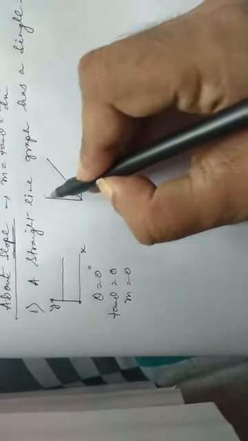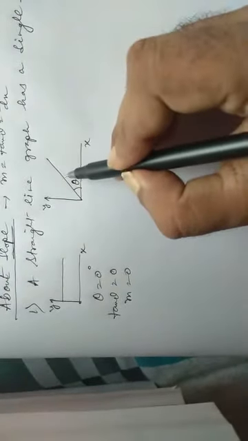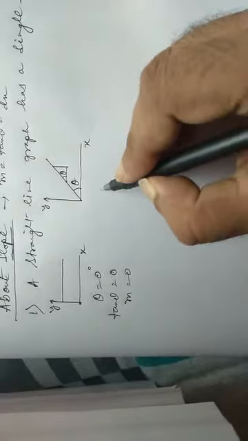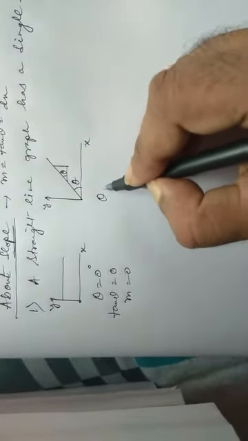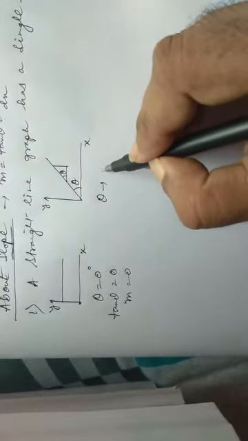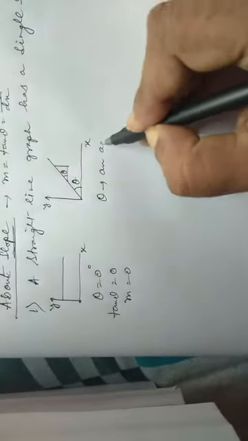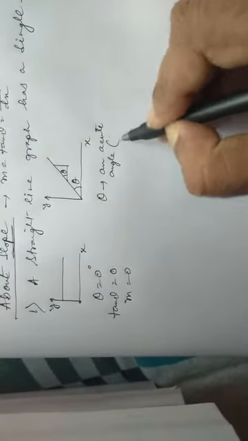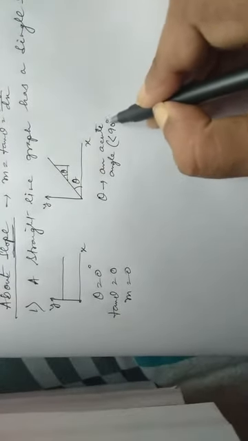Straight line passing through the origin, this angle is theta, it means this angle is also theta. Here it has got a positive slope because theta here is an acute angle, or an angle less than 90 degrees.